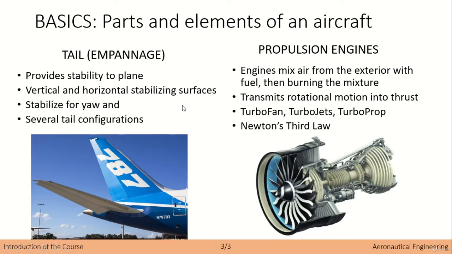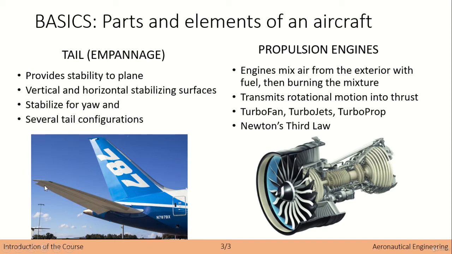Some other important elements are the tail, known also as the empennage, which in general provides stability to the plane. This is a key element to provide stability. You will have vertical and horizontal stabilizing surfaces. By surfaces I mean not only the tail itself, but also the moving surfaces that we will have, like this one over here, which provide different stability depending on the demands of the pilot.